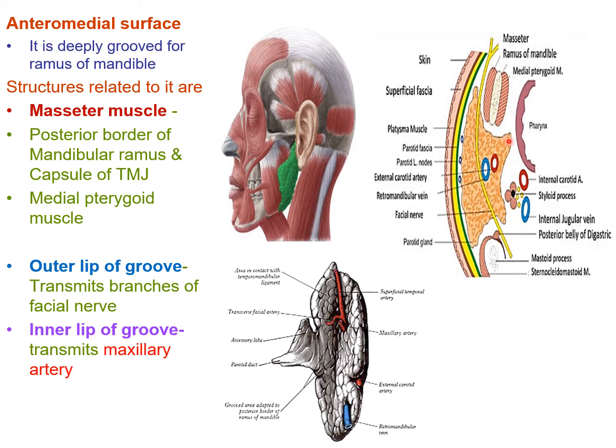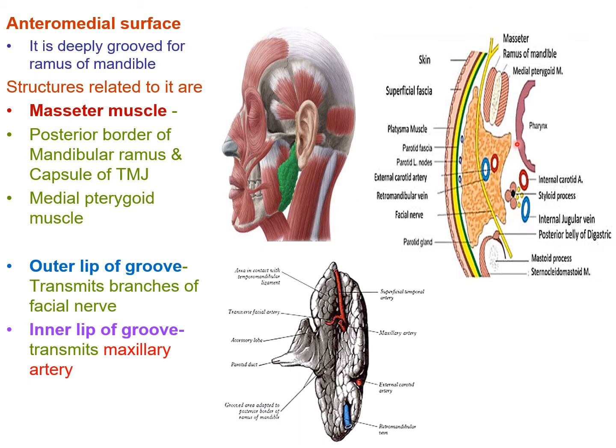The structures which come in relation to this surface, the anteromedial surface of the parotid gland, are the masseter muscle, the posterior border of the ramus of mandible, the capsule of the TM joint, and the medial pterygoid muscle. So the muscles which gain attachment to the ramus of mandible, that is the masseter and the medial pterygoid, along with the posterior border of the ramus of mandible, are in relation with the anteromedial surface.